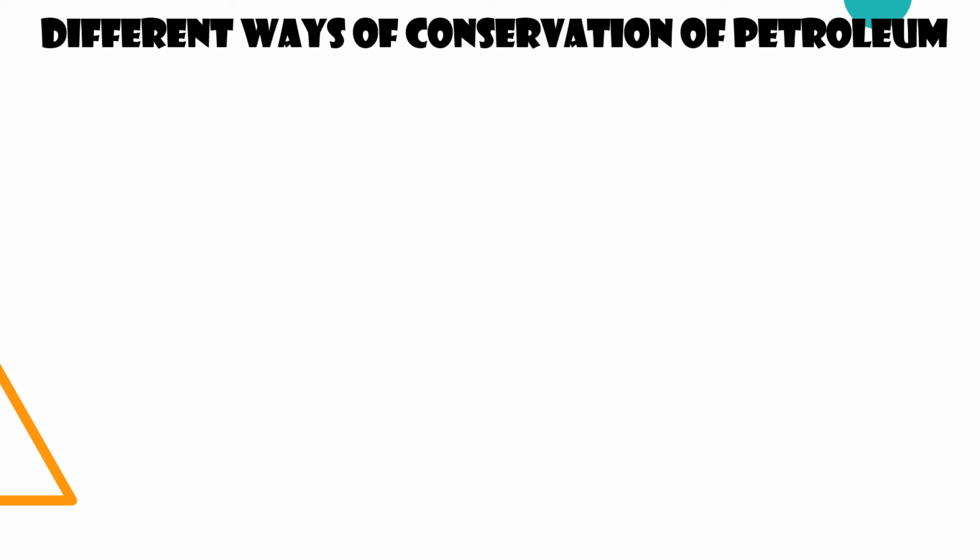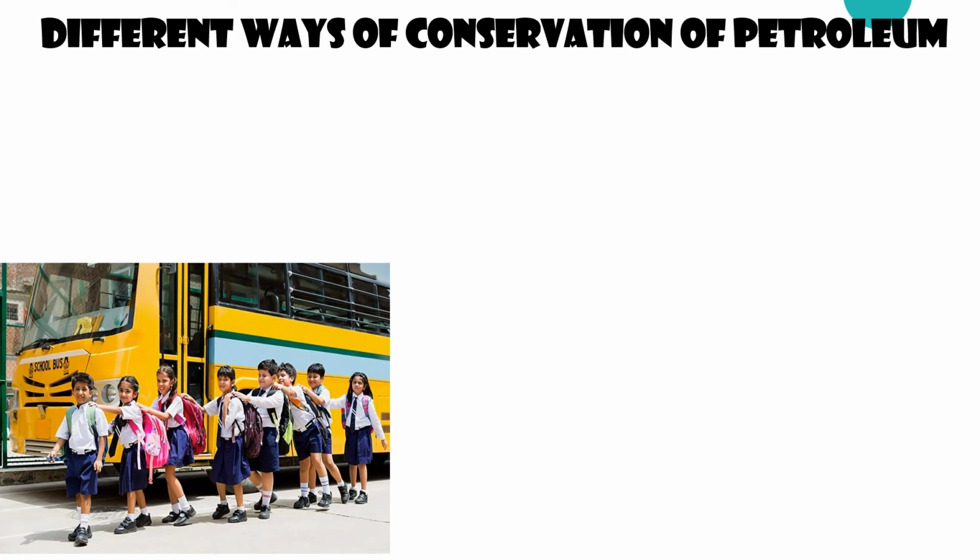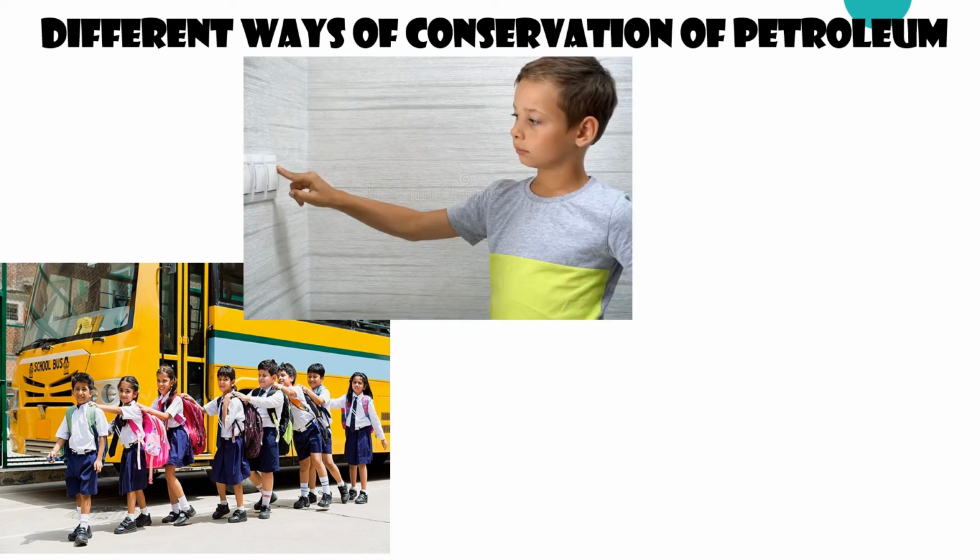As students, what all things can you do to conserve petroleum? You all can travel by school bus instead of your private vehicles. Switch off electrical gadgets and appliances when they are not in use.